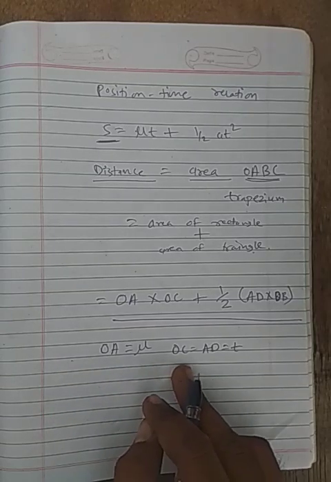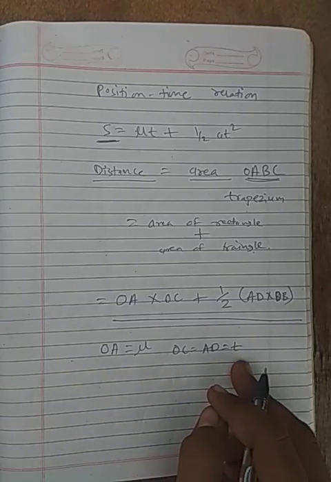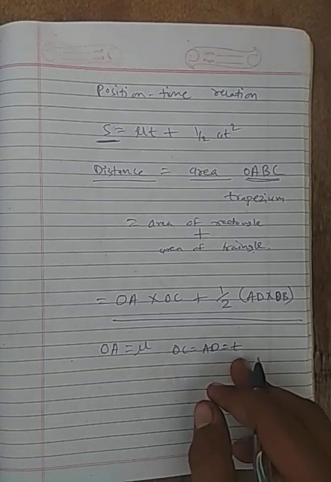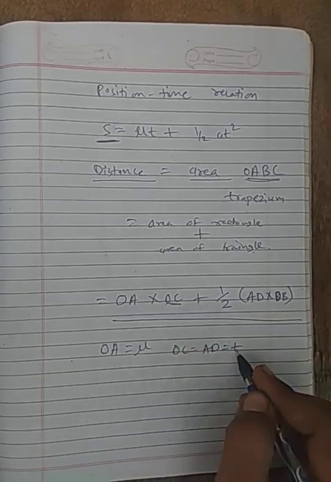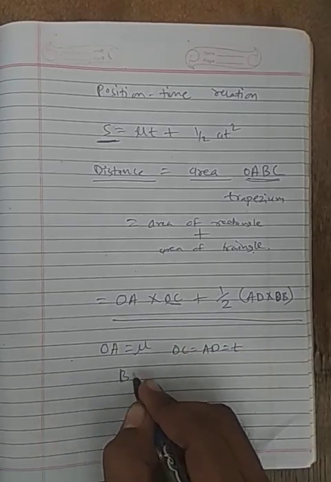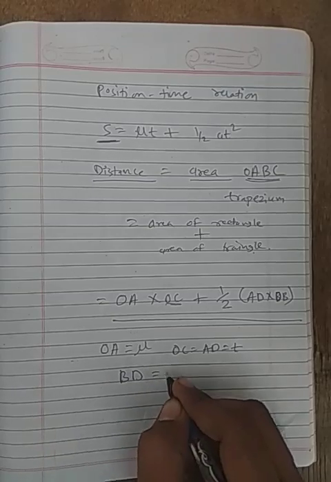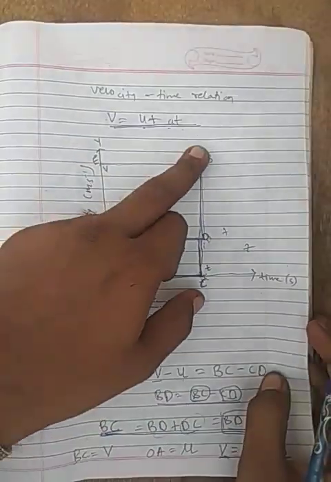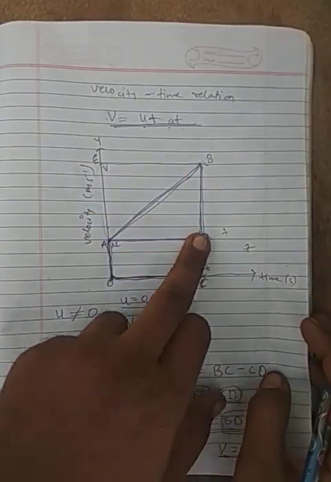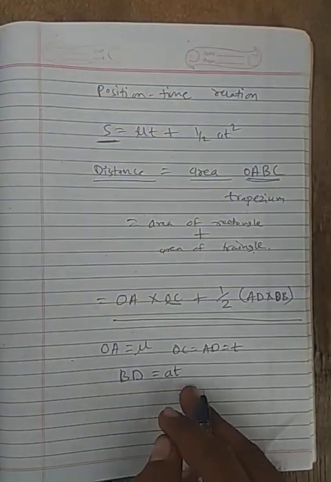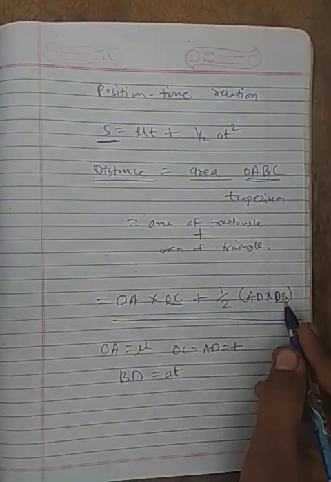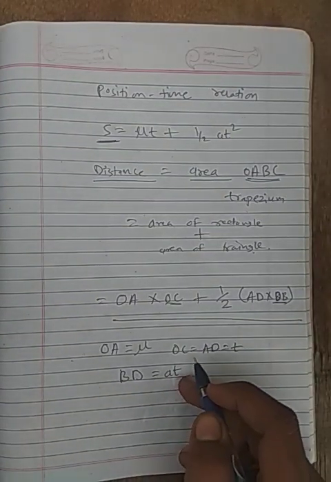So OC is equal to AD is equal to T, and BD is equal to acceleration into time, means AT.